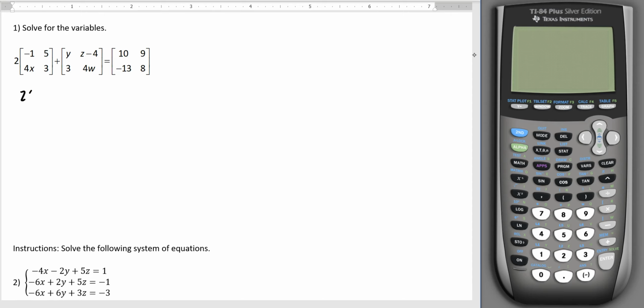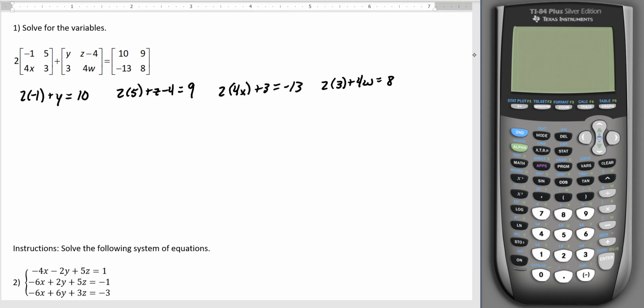So I'm going to have 2 times negative 1 plus Y equals 10. 2 times 5 plus Z minus 4 equals 9. 2 times 4X plus 3 equals negative 13. And 2 times 3 plus 4W equals 8. And again, we got that just by the location of where they are in the matrix. Don't forget the 2 out front there. That's important. And then we can just solve these.